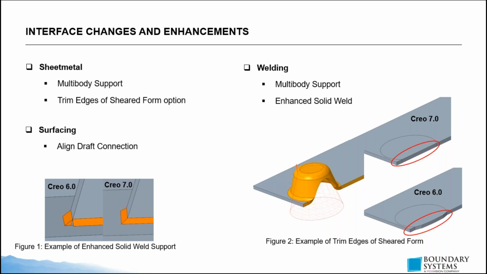They also added some enhancements when it comes to the welding feature, where they basically enhanced the display of how a solid weld is created in Creo 7, and you can see that in the bottom left corner in Figure 1, and also added some enhancements to the align draft connection as well. And again, also expanding the multi-body support to many different areas in Creo, including, in this case, sheet metal, which now supports multi-bodies, and also the welding application as well.